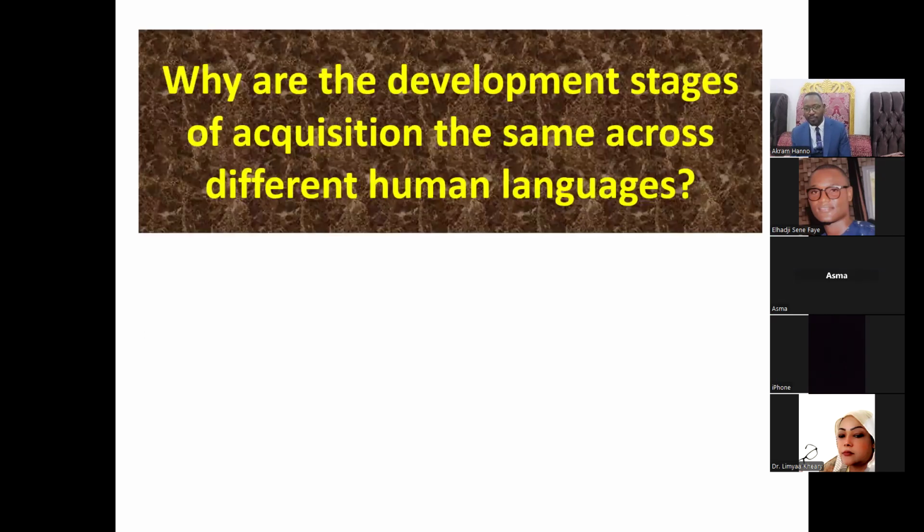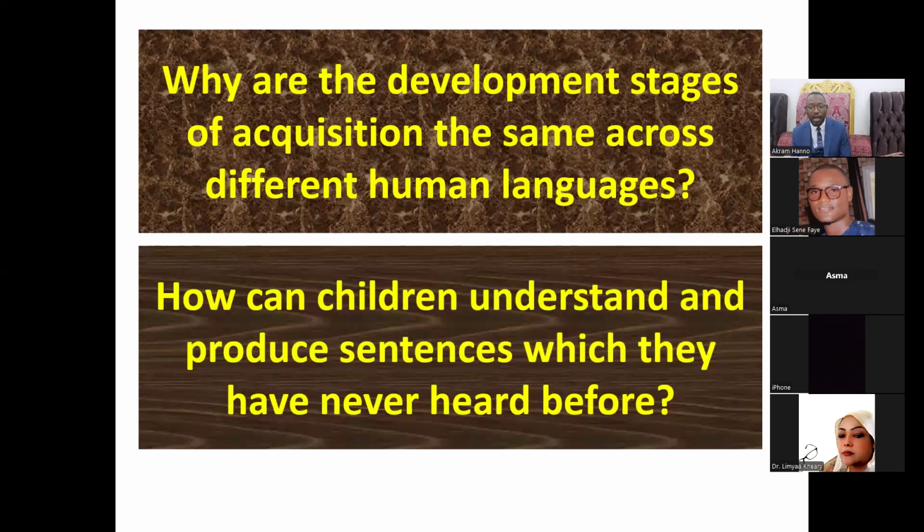Why are the development stages of acquisition the same across different human languages? How can children understand and produce sentences which they have never heard before? So these are the questions which were raised by Noam Chomsky.